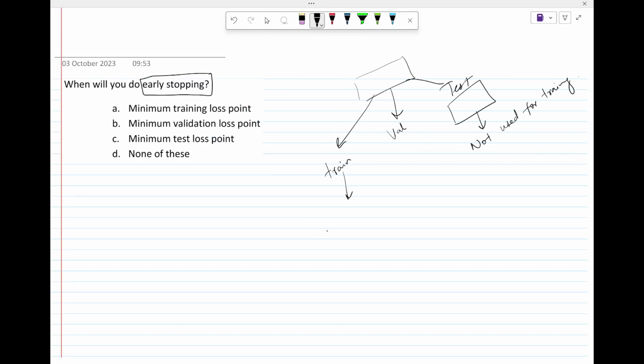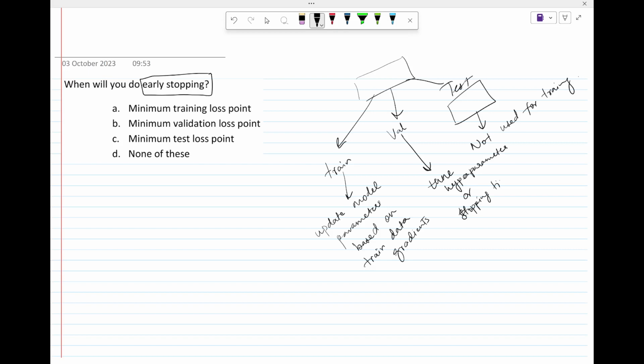You update your model parameters based on train data gradients, while you tune hyperparameters or stopping time of training using validation data.